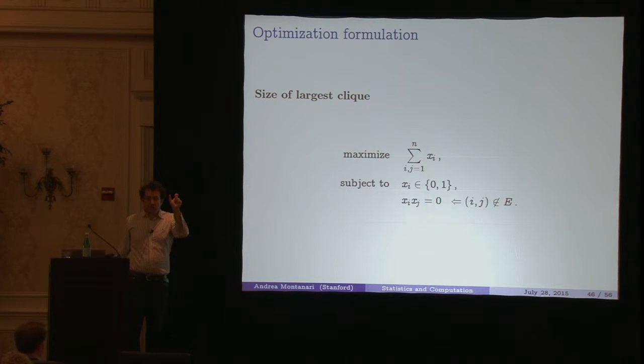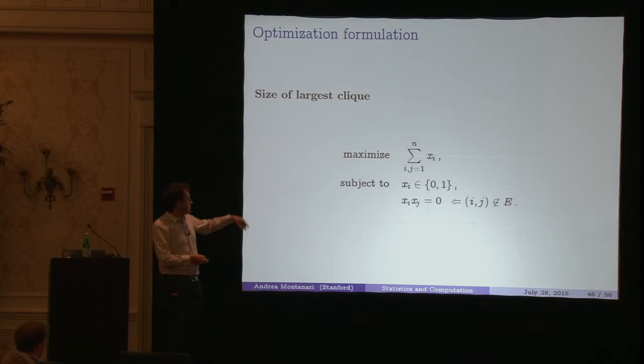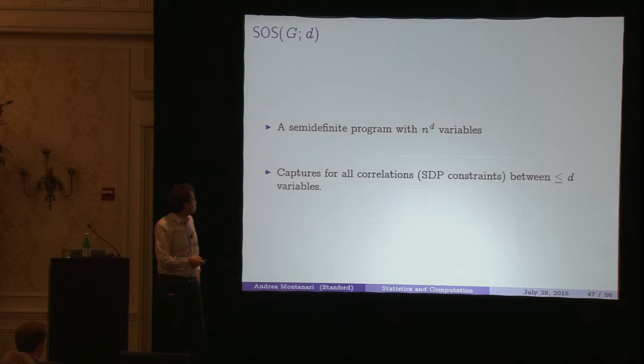At most one of the two, i and j, is in the clique, because if i is in the clique and ij is not an edge, then j is not in the clique. So x_i x_j must be 0. This gives one constraint per non-edge of the graph, or edge of the graph complement. This is my optimization problem.